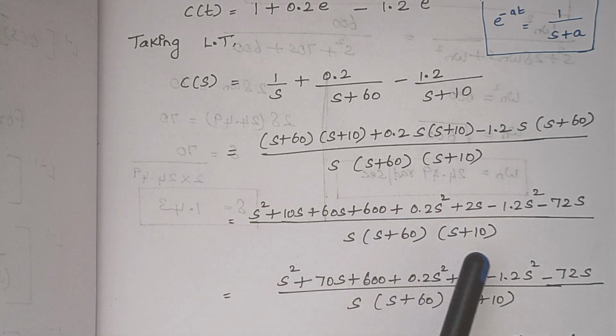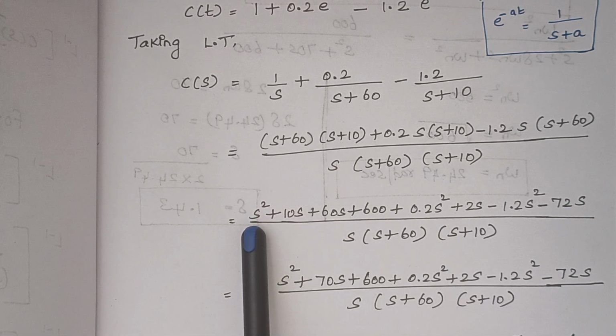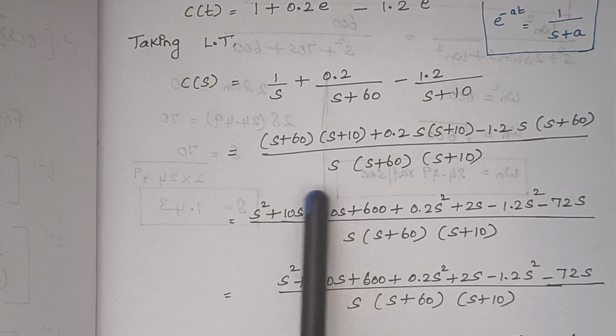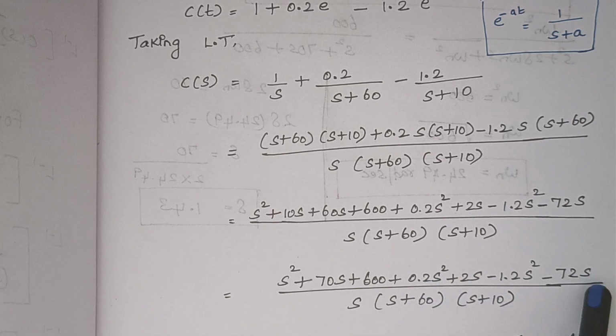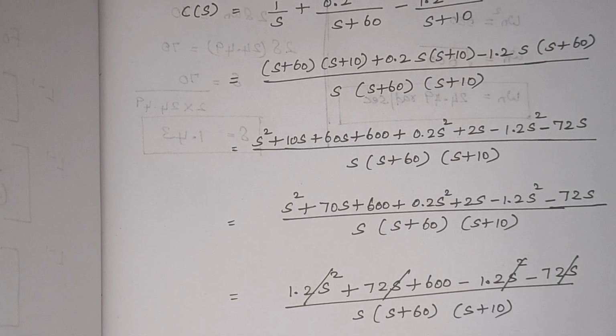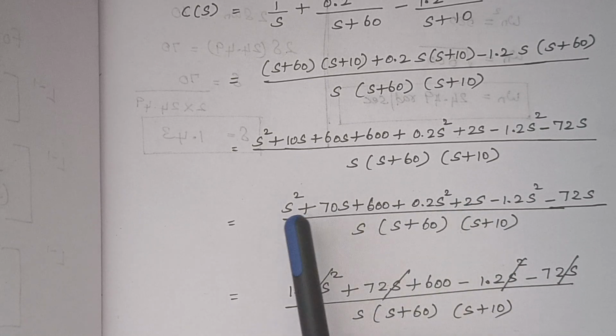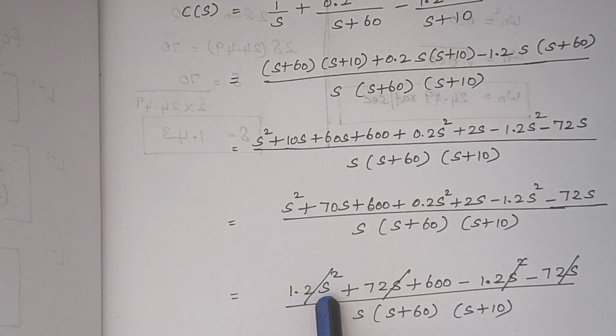The next step is I am going to combine all the s square terms, all the s terms and all the constant terms. So here 10s plus 60s becomes 70s and this 600 as such. And here the remaining terms remain the same. So here s square and here 0.2 s square, so 1 s square plus 0.2 s square becomes 1.2 s square.